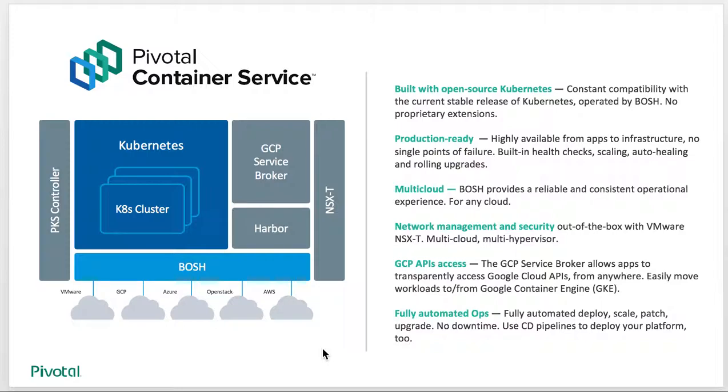So VMware, Google and Pivotal combined together to give a production-ready container service, which is again multi-cloud based, and you can access all the Google Cloud provider services through this service without any modification to your application. It is fully automated to scale, patch, and upgrade with no downtime, the same BOSH features, and obviously it can run the CI/CD applications.